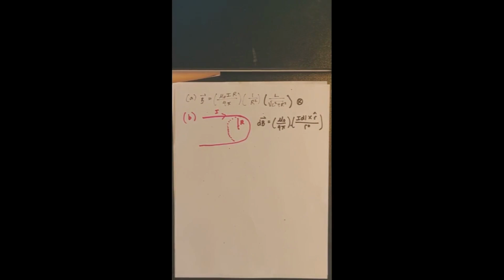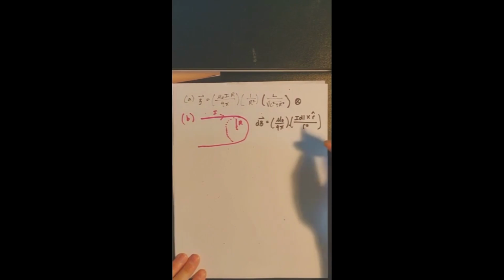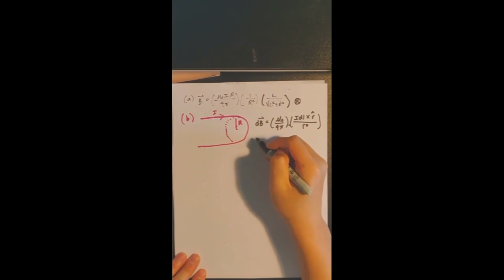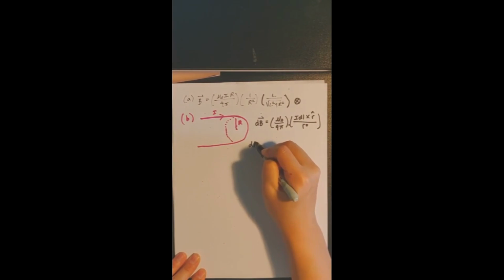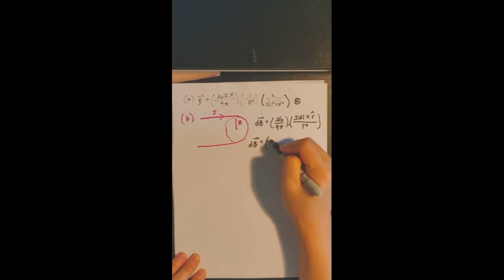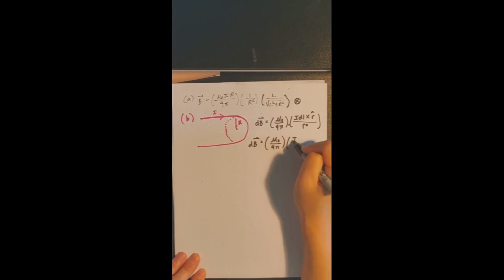And we can do the same thing. We can call the length x, so we can just change dl to dx, or we can just leave it at dl if we really want. I'll just put back dx, so we're just left with this cross product, which again, a cross b is just ab sine theta, meaning that dB is just equal to mu naught over 4 pi I dx sine theta over r squared.